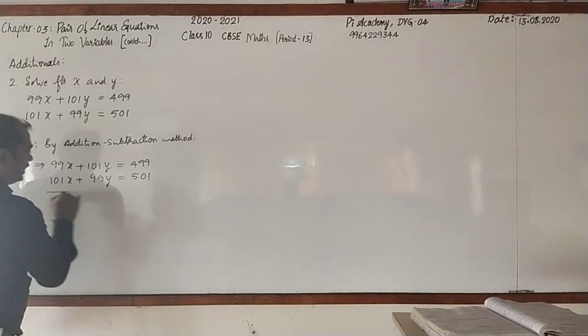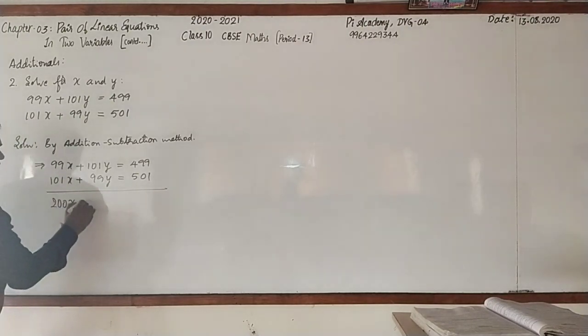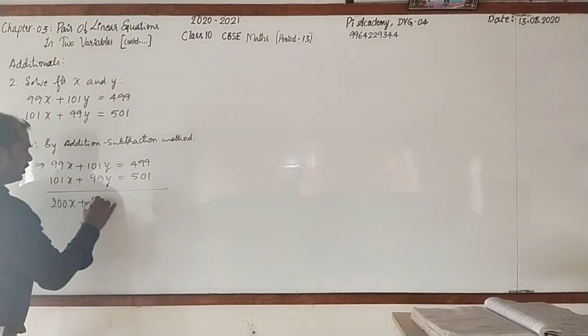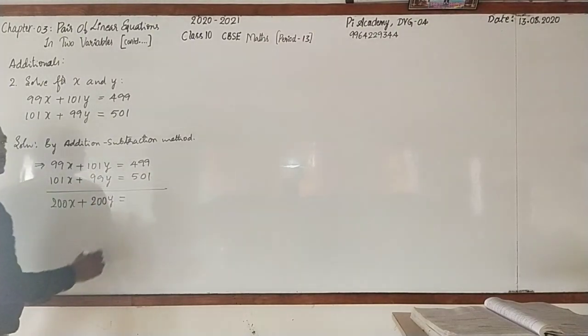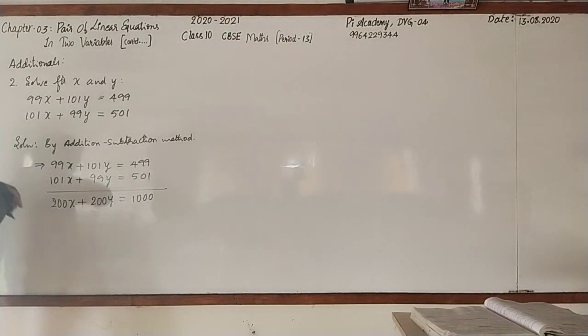Let us add them first. How much is it? Right. This is 200x, 200y. What about this? 501 plus 499 is 1000.